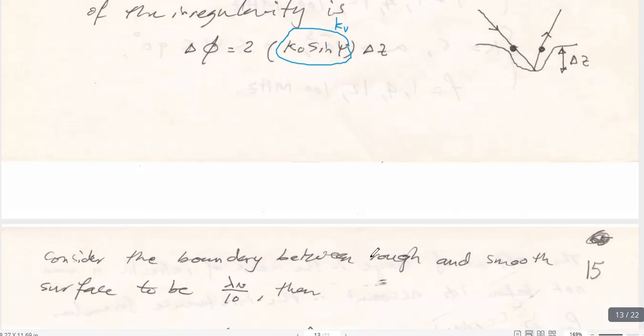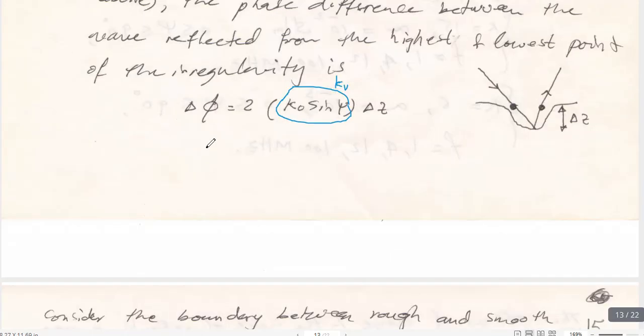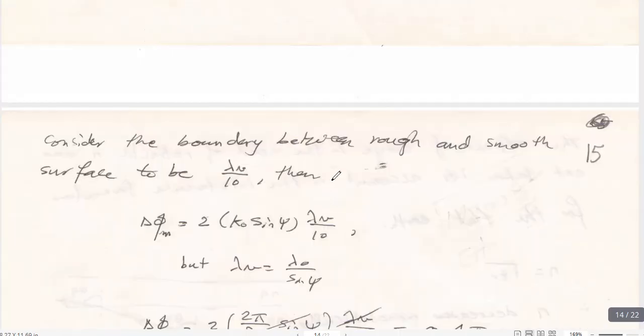Now we want to calculate the total phase variation when delta z is equal to lambda vertical over 10. This is delta z maximum, lambda v over 10.